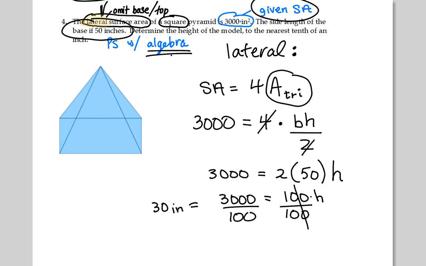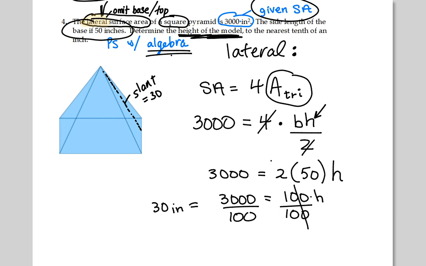It's the height of the triangular face, right? Because that's what we're calculating. So what we just calculated was this. That slant is equal to 30. Okay? It wants the height of the model.